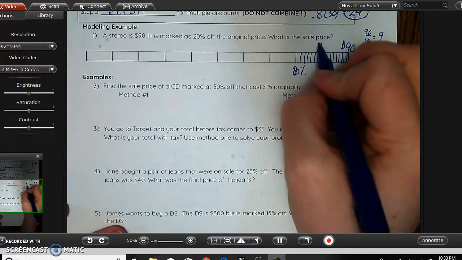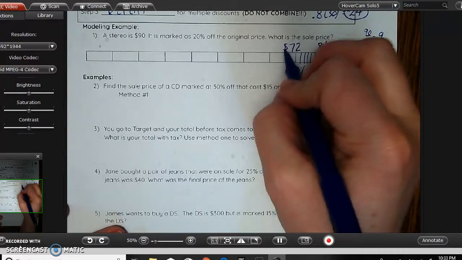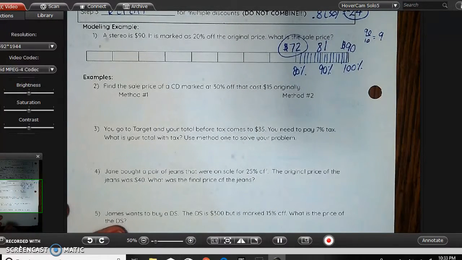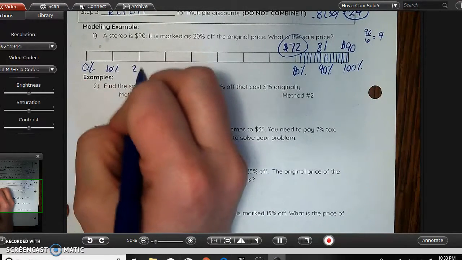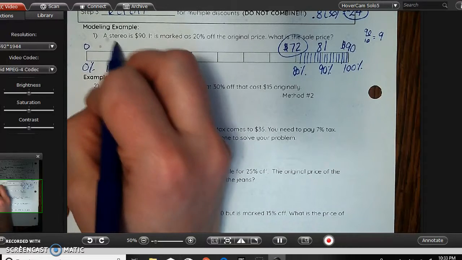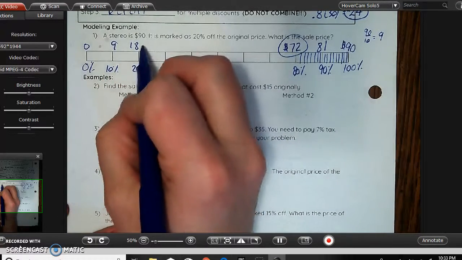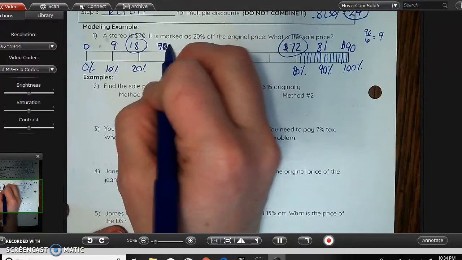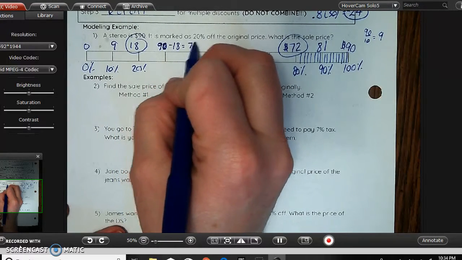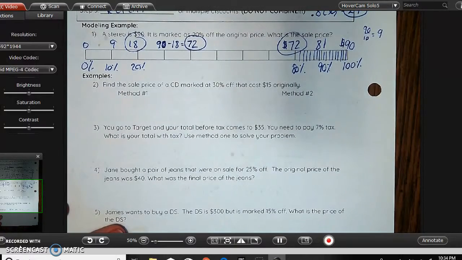So then I just count backwards, and there's my answer. The other way you can think about this, again, is I can find 20%, and then I can subtract that. I would still end up with the same answer of $72.